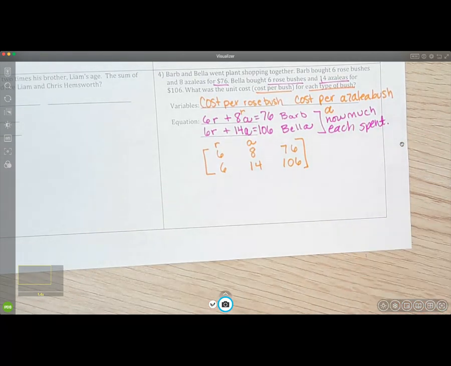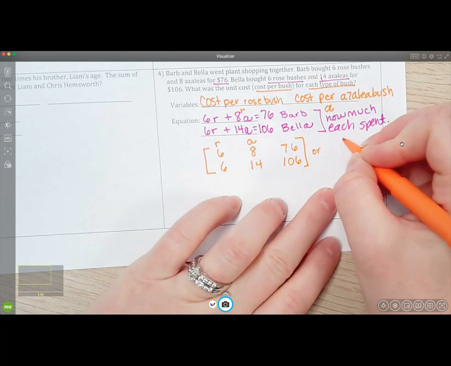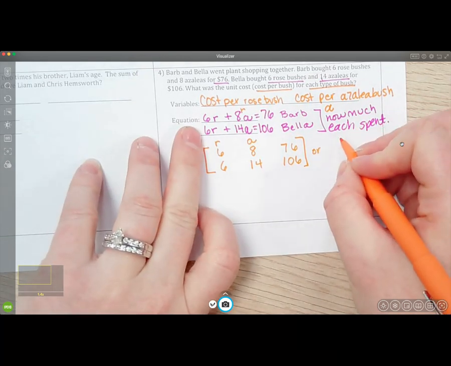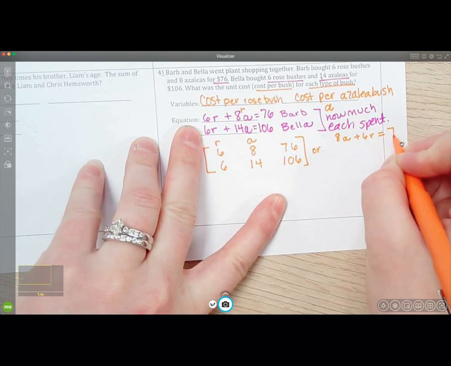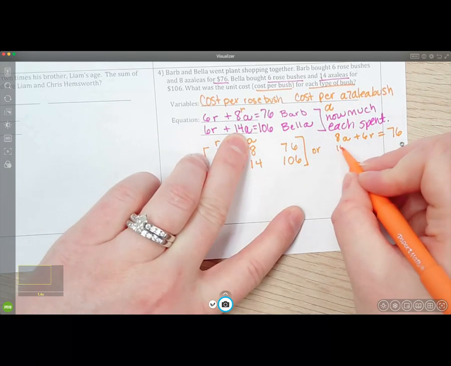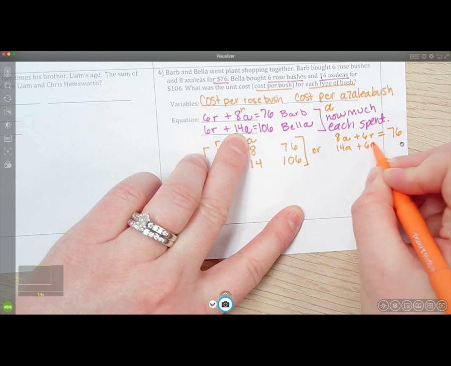So if you do A and R, just be consistent with it. So let's say I did 8A plus 6R equals 76. Then I need to write 14A plus 6R equals 106.